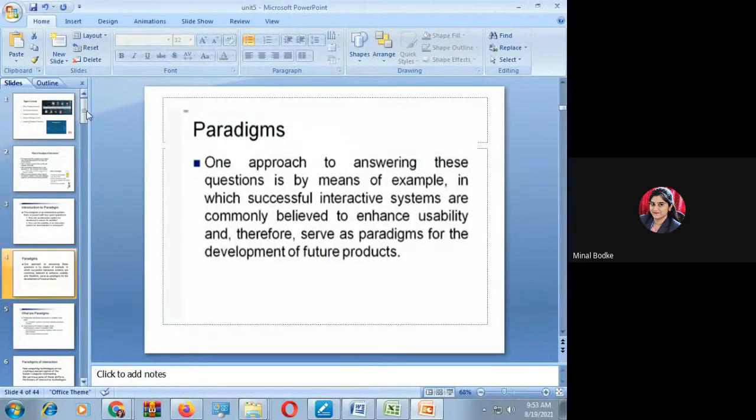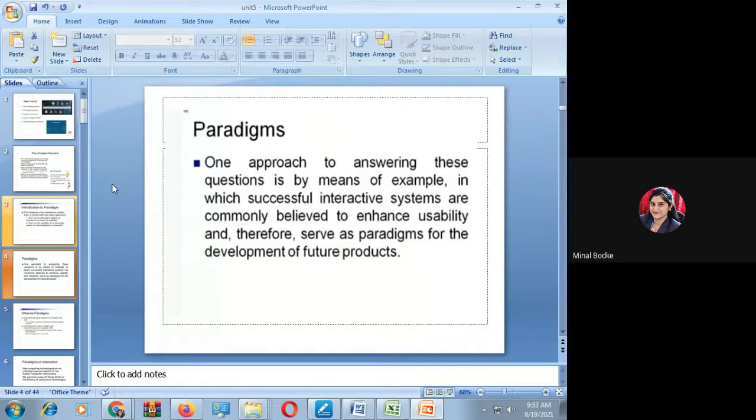Can you tell me the generations of computer? Anyone? As you have the generations of computer, first generation, second, third, fourth, fifth, and so on, similarly you have the versions of interaction. When your first computer was developed, how was the interaction between the human and the computer?